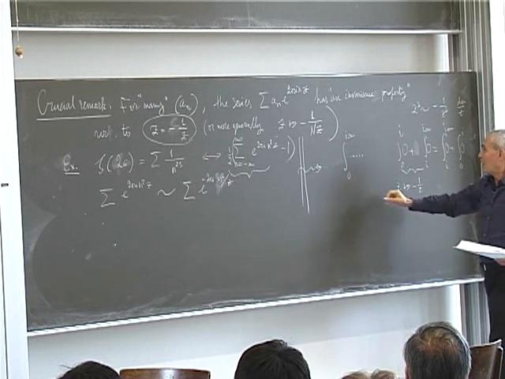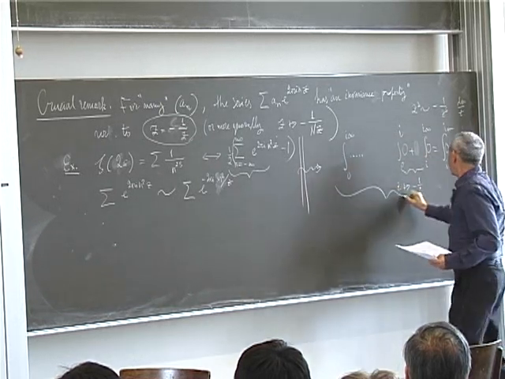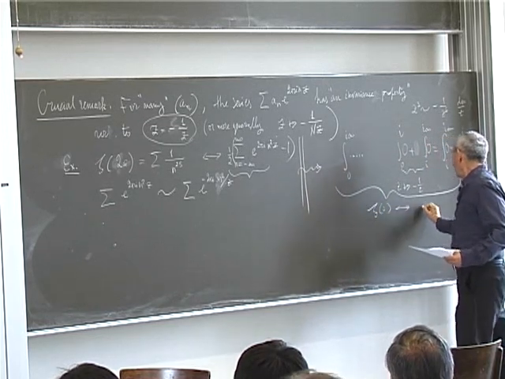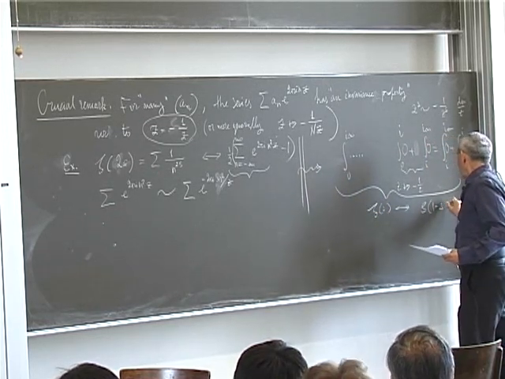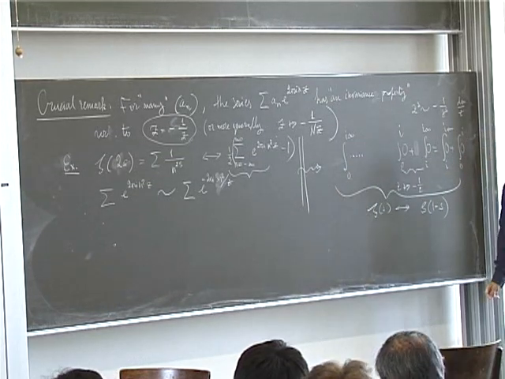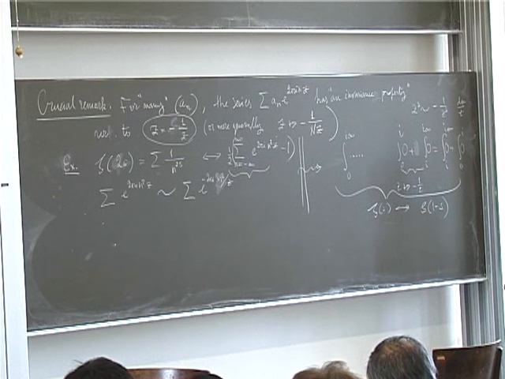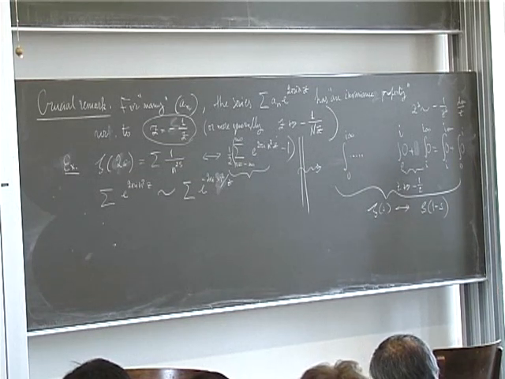So what you get after applying this trick to the Riemann zeta function is a functional equation connecting zeta of s and zeta of 1 minus s. Well, it is formal, but then you look at the integrals, you see that the integrals converge, so everything is okay from this viewpoint.